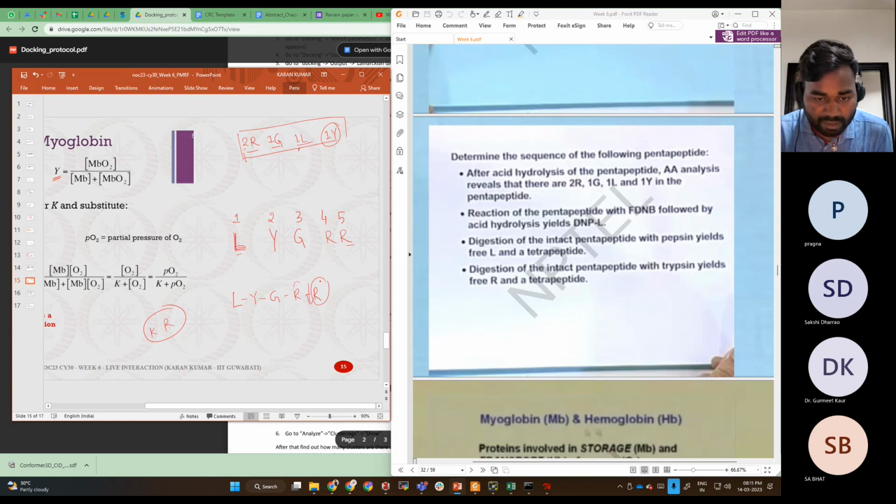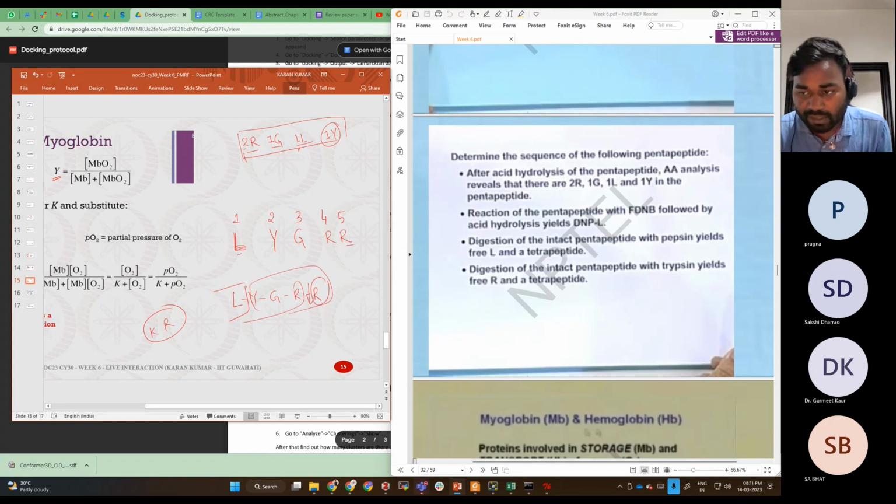So it will release one R and one tetrapeptide. Then if you see, pepsin will digest after tyrosine. So it will give you one L and the rest. Okay. The third statement is also fulfilled.